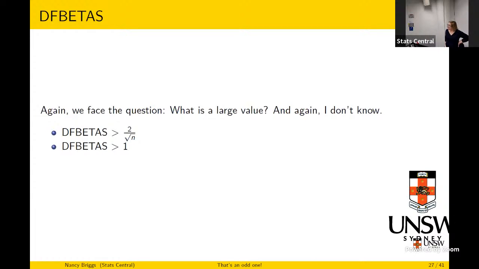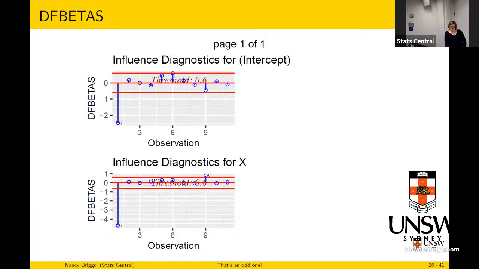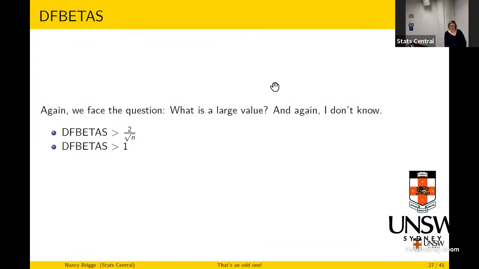And again, we face the question, what's a large value? And again, I don't really have a good answer for you. It could be greater than 1. It could be greater than 2 over the square root of n. In our plots here, we have a value of 0.6, and they're using this 2 over the square root of n rule for a large value.